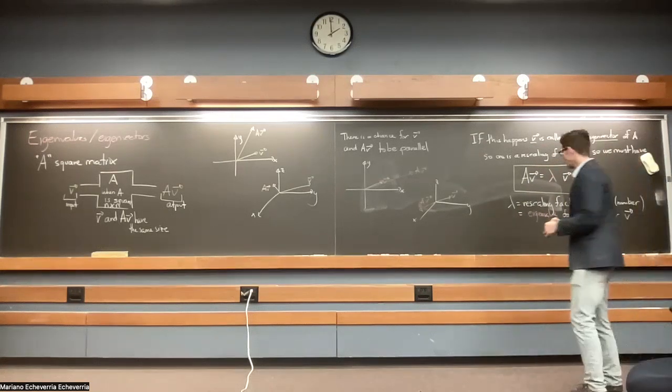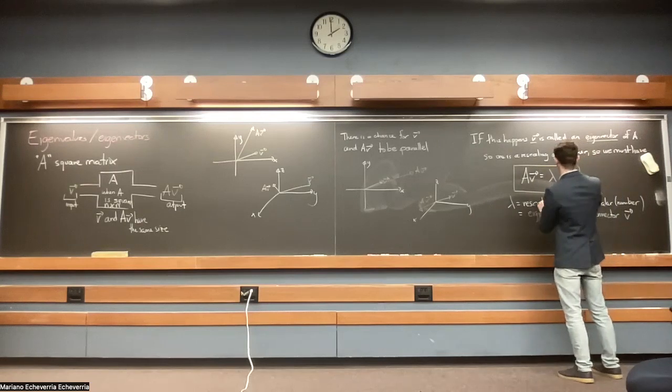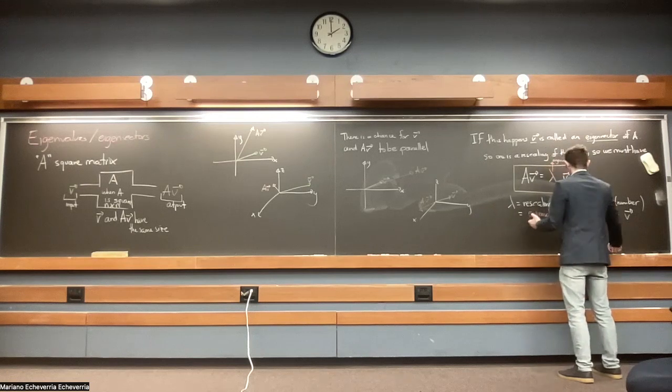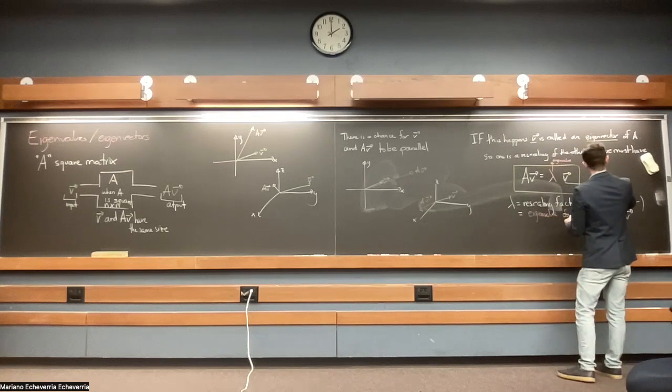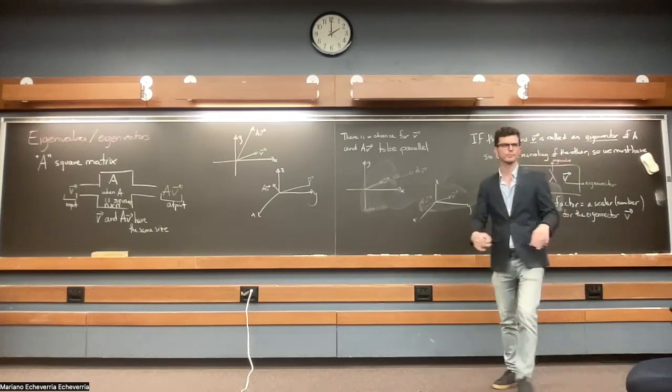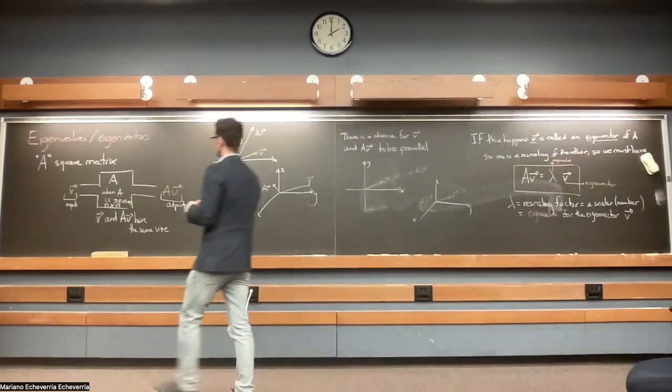Okay. So in this equation, lambda is the eigenvalue. Let me put it here one more time. V is what you would call the eigenvector. Does that make sense? Let me give you a second to copy this.